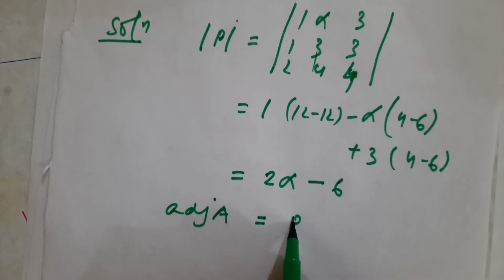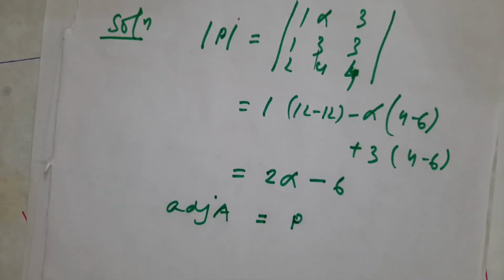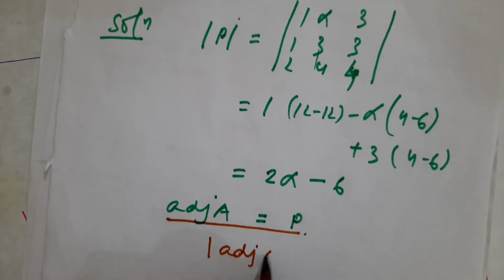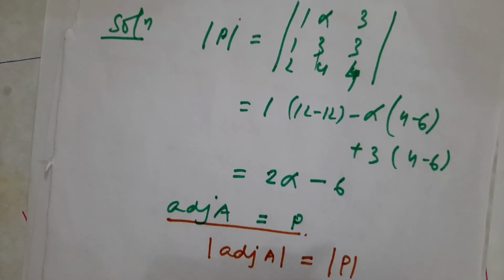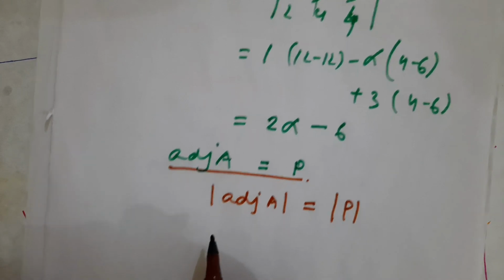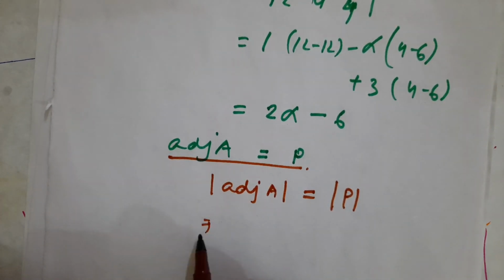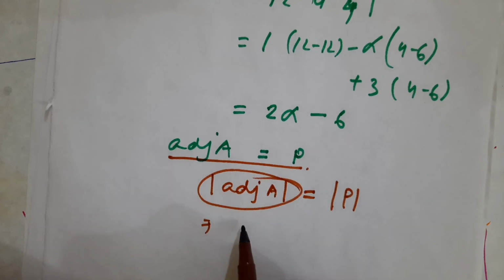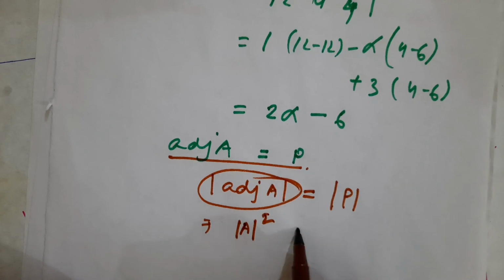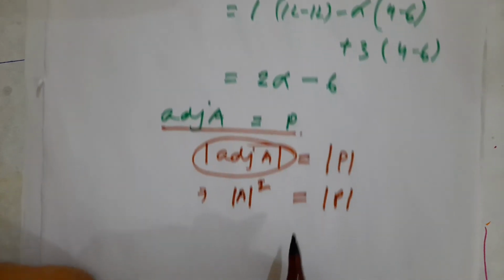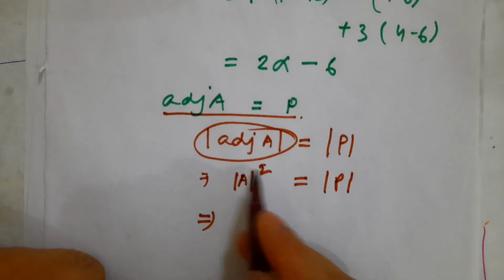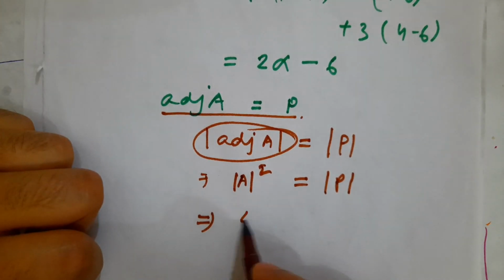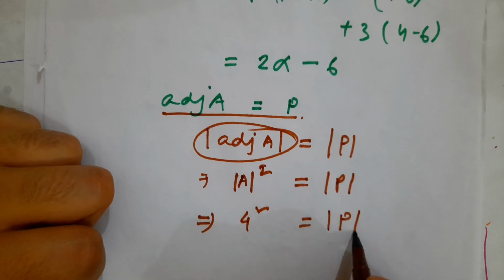But in the question, matrix A is given with adjoint of A equal to P. The condition is given, so adjoint of A equals this matrix. We can equate the two determinants. By the adjoint property, this will be determinant of A square, but determinant of A is given as 4, so 4 square equals this.